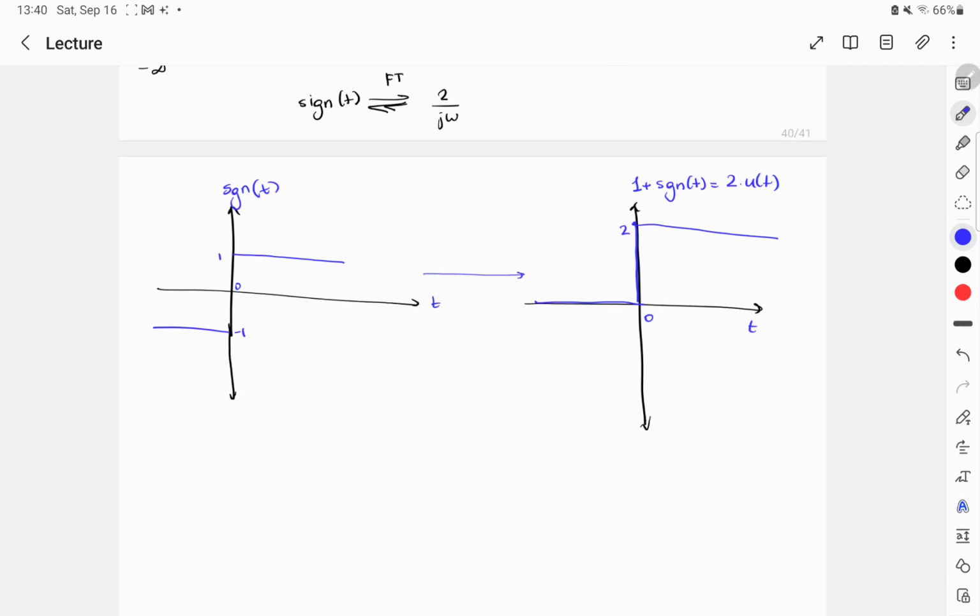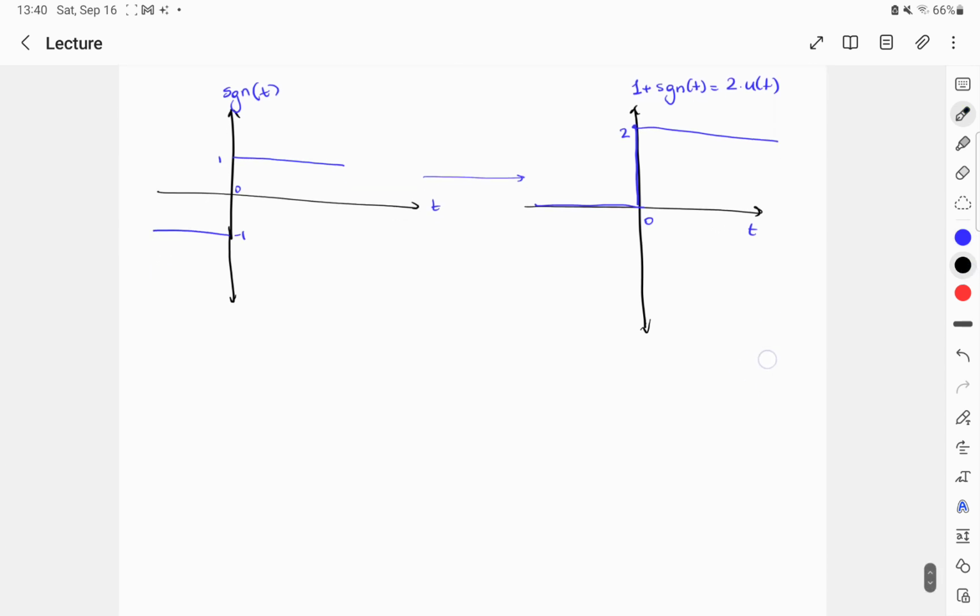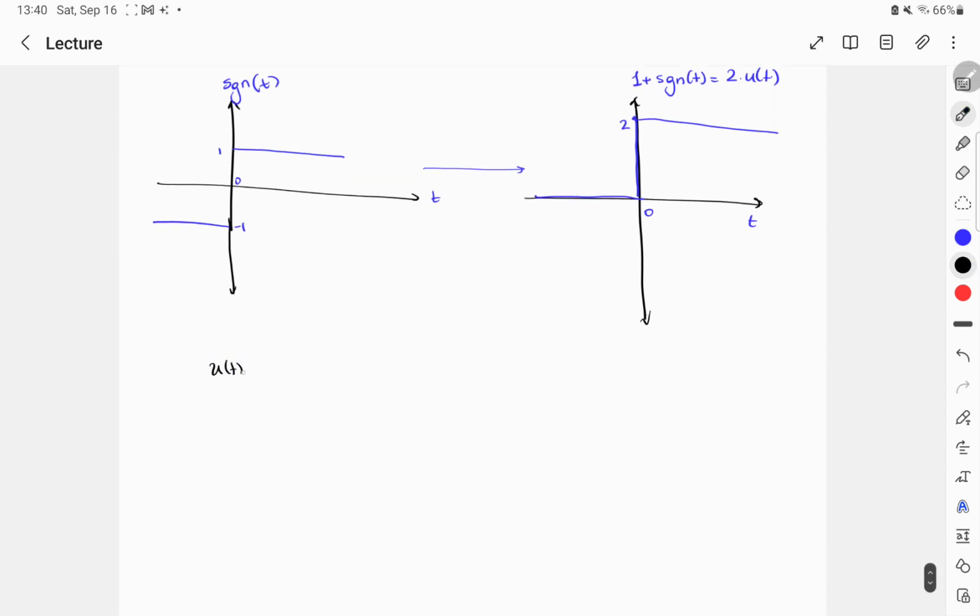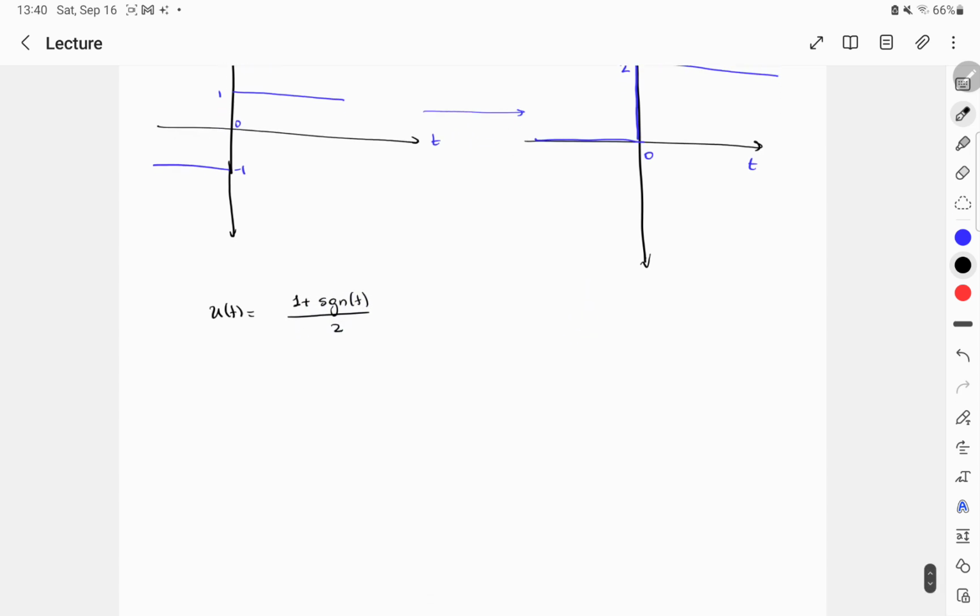As we have found out, u(t) is actually (1 plus the signum function) over 2. We can write it by splitting the fraction, and here we have our final result.